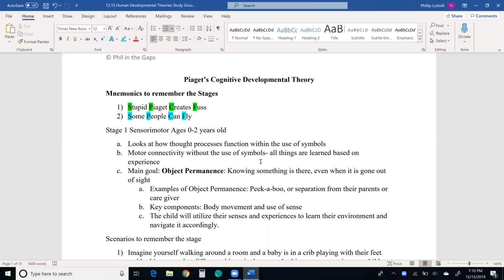Part of the name, sensory motor, is based on senses, because they're utilizing their senses as sensors in their environment. So motor connectivity without the use of symbols, meaning all things are learned based on experience.